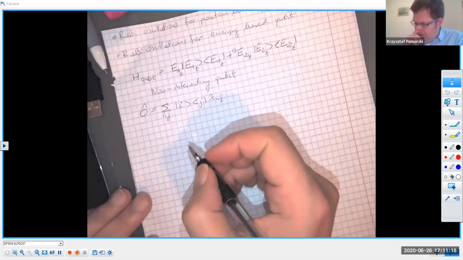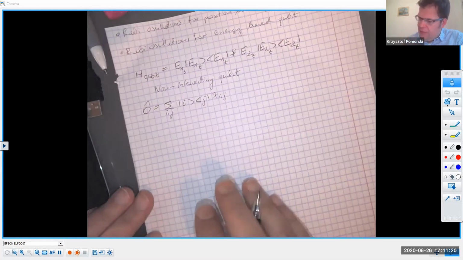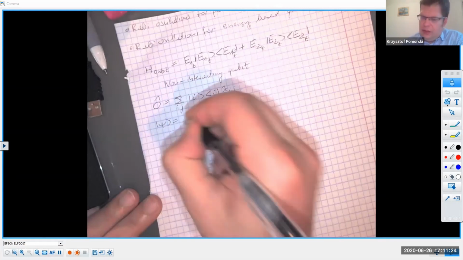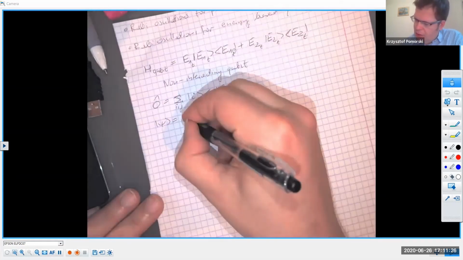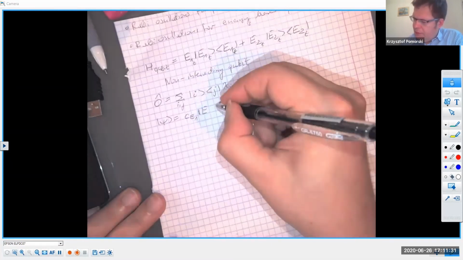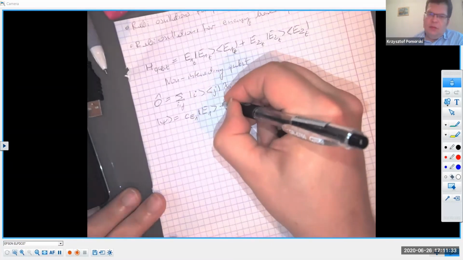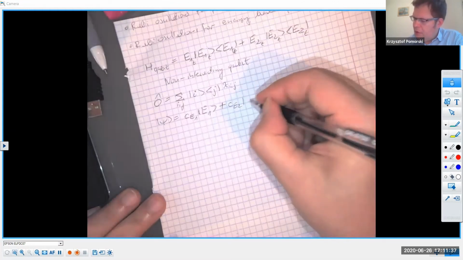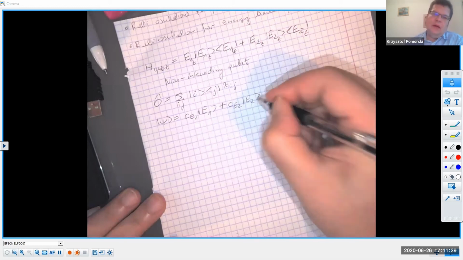So basically, your quantum state can be written as a linear combination of two eigenenergies, right?